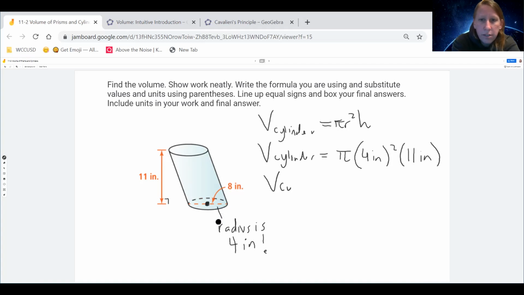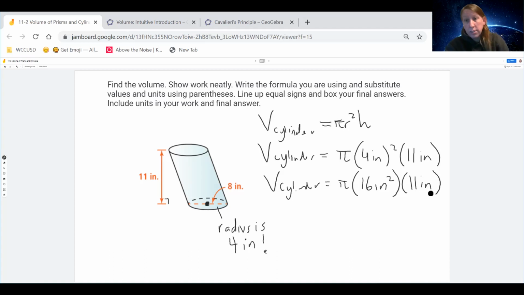And to finish this up, we would do 4 inches times 4 inches, which is 16 inches squared times 11 inches. You can see it, inches times inches times inches is inches cubed. It's not good if we don't have inches cubed. I'm going to do 16 times 11, which is 176 pi. Don't forget about pi, inches cubed.